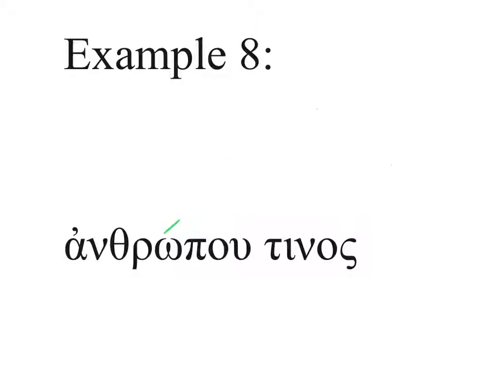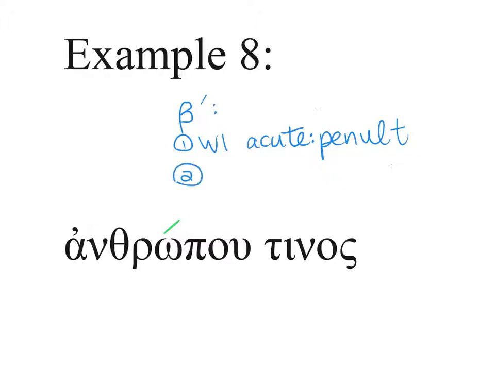Rule beta. So rule beta is the one that tells us when the enclitic gets an accent. And the circumstance has to be that word 1 has an acute, and it has that acute on the penult. So that's circumstance 1. And then circumstance 2 is if the enclitic is 2 syllables.